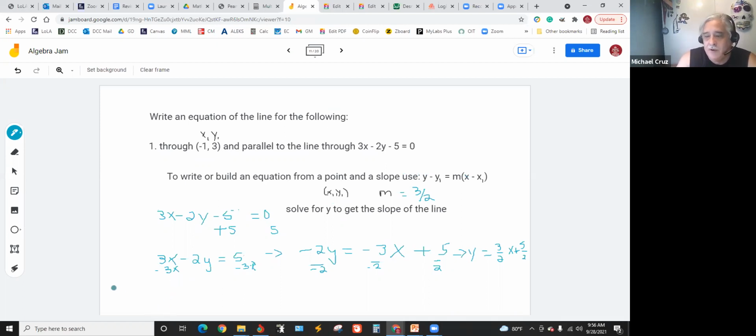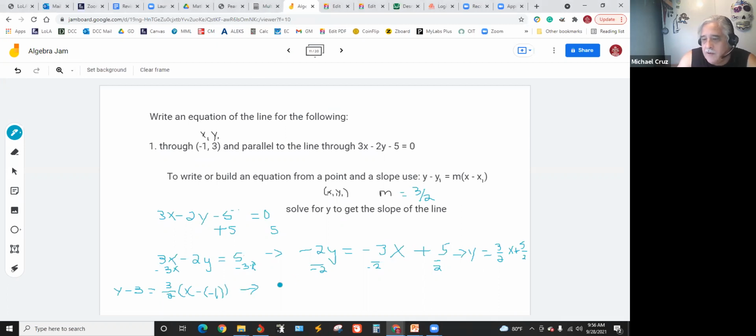So now we're going to just do y minus 3 is equal to 3/2 times x minus a minus 1, which is going to give us a positive 1 there.